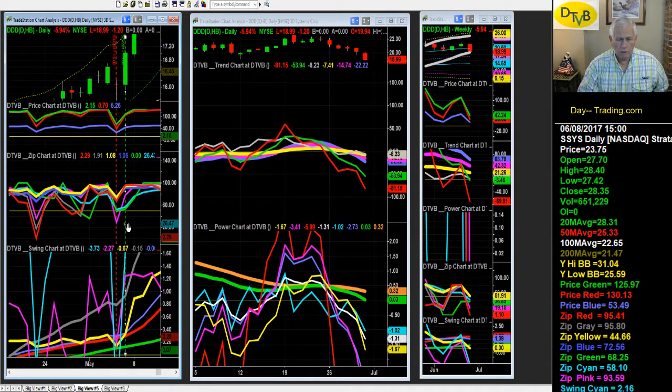You also, again, after the green vertical line, or even at the green vertical line, we technically have zip Zion lowest. Now you're going to look at it and say, well, no, zip green is lowest.